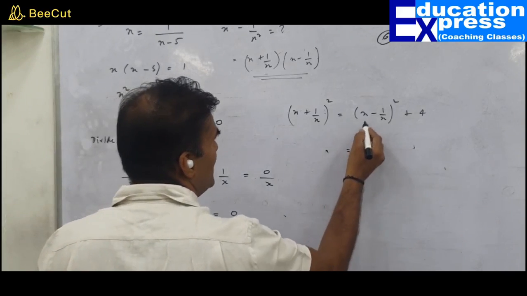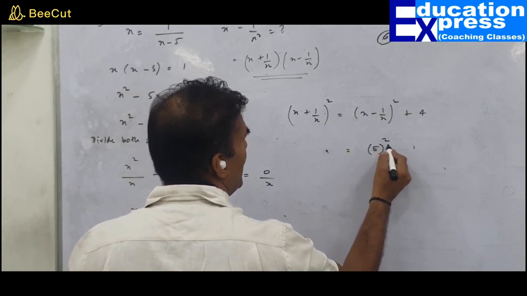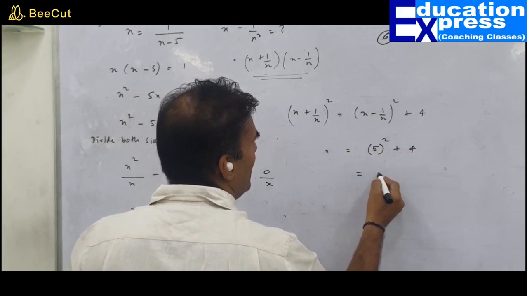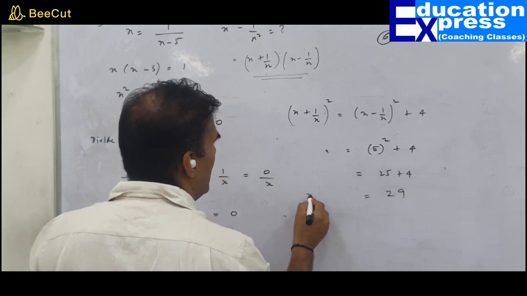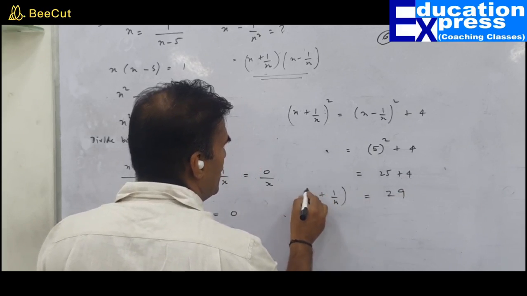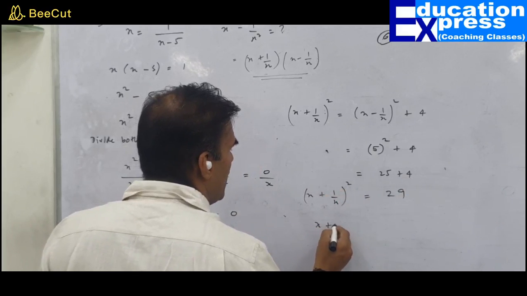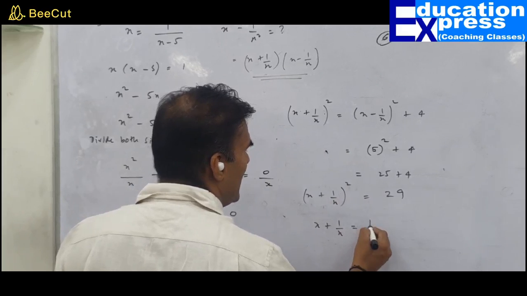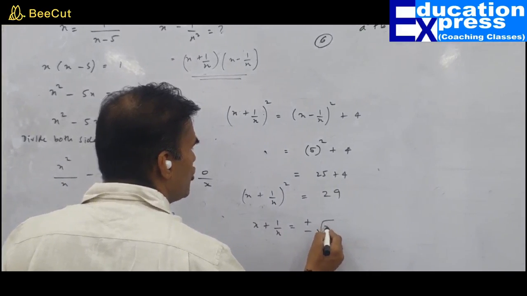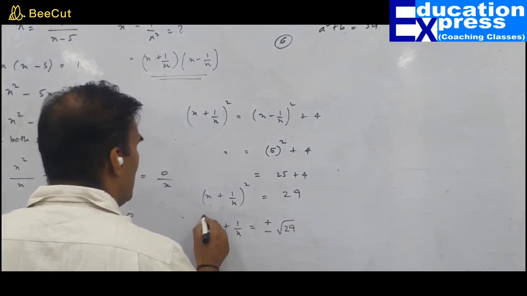So what I'm going to do is substitute the value: 5 square plus 4. That makes it 25 plus 4, which is nothing but 29. (x plus 1 upon x) the whole square is 29. Therefore, x plus 1 upon x becomes, taking the square root on both sides, plus or minus square root of 29.